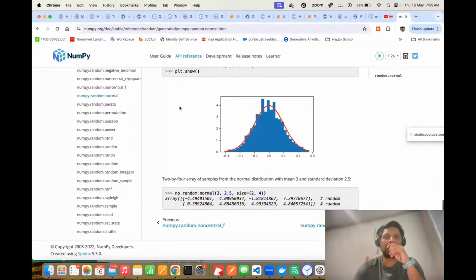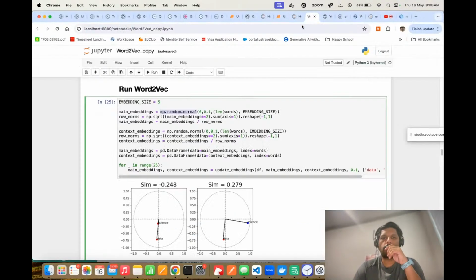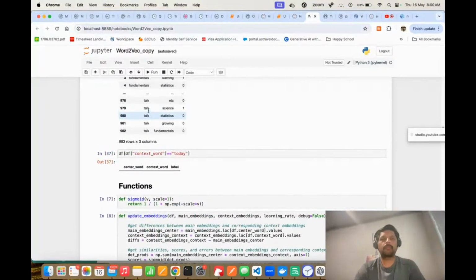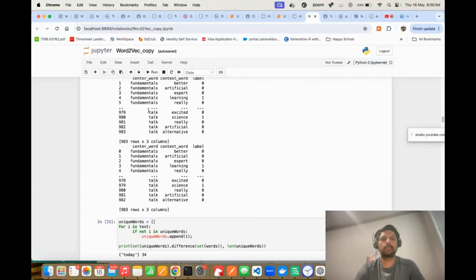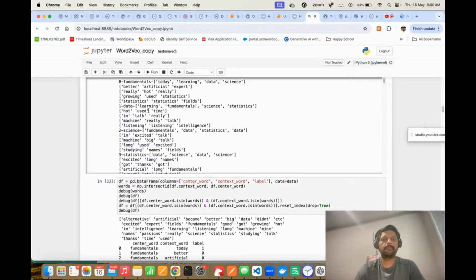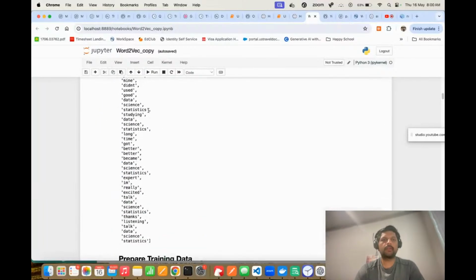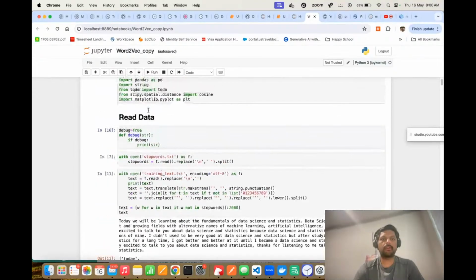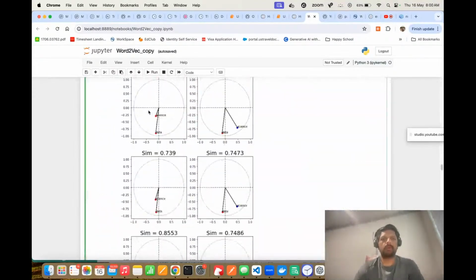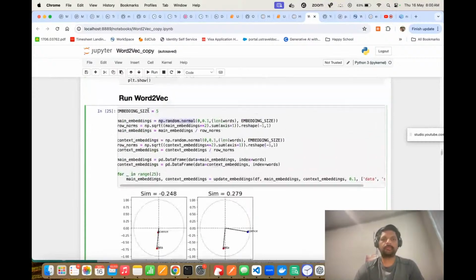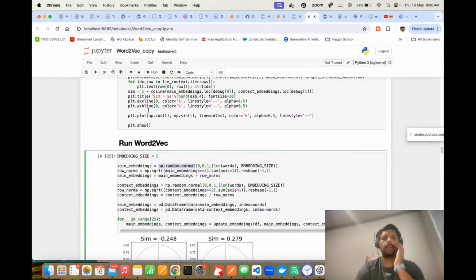Okay, so this will be 5. Length of the words is some number, 300 or something, and embedding size is 5.